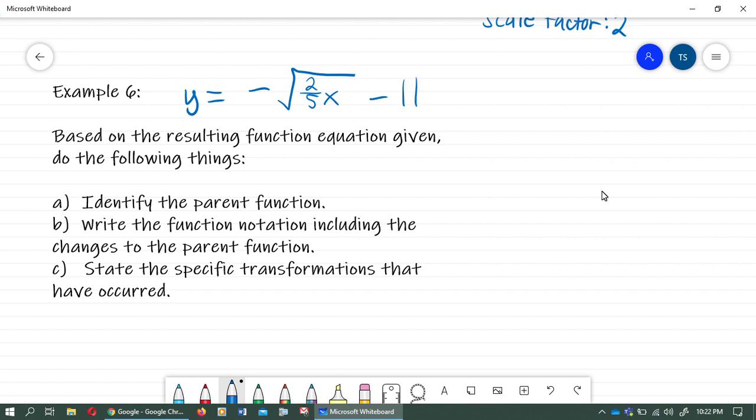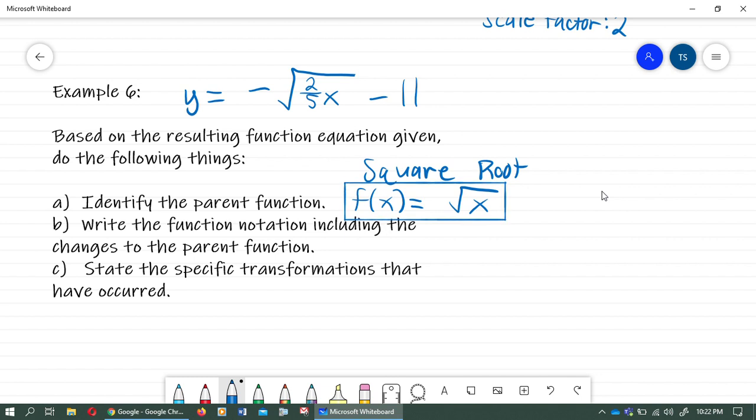All right, so for this one, clearly the parent function is a square root. And again, that is f of x equals the square root of x, the parent function for it. Looks like that.